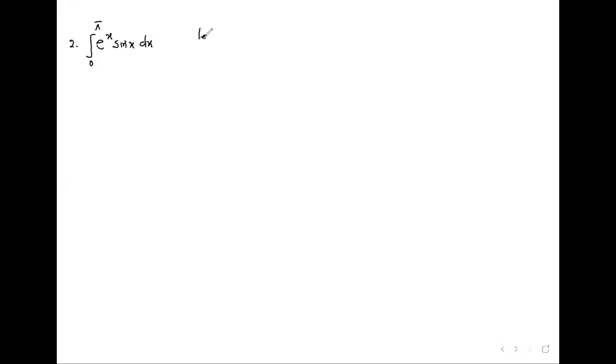We let u be sine x and dv be e power x. Differentiate u, we get cos x dx. Integrate here, you get v is equal to e to the x. Then you substitute. So you need to be writing it in this form.